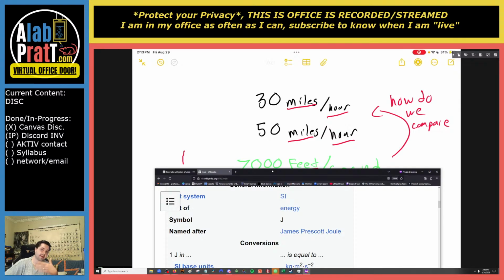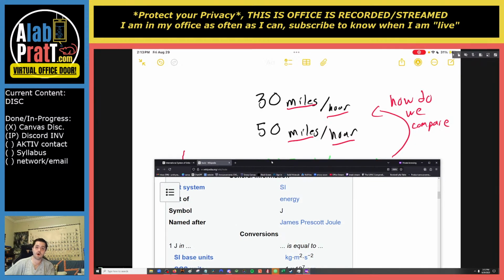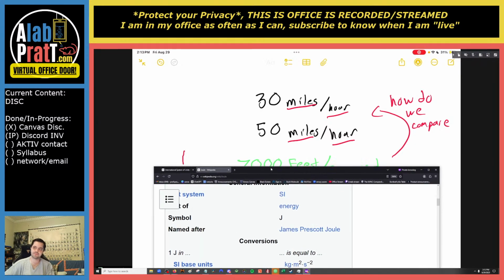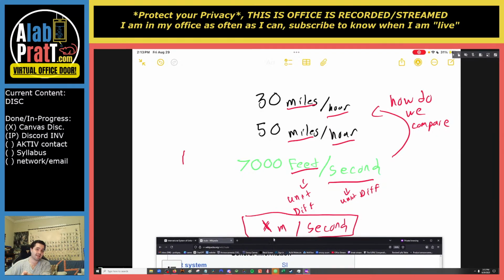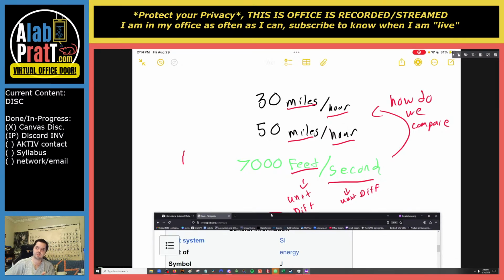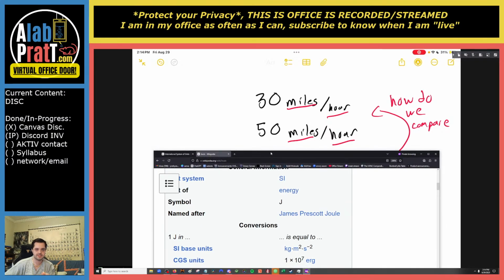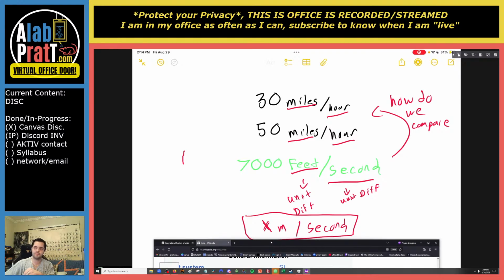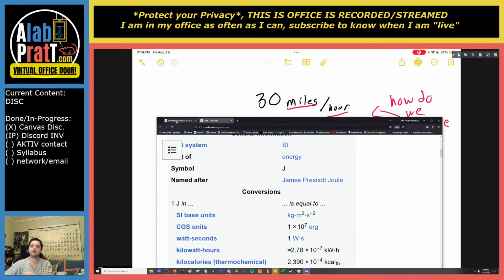When we compare speeds, we're able to say, oh, that's too fast, slow down, or, you could probably be going a little faster. If they're talking to you in feet per second or meters per second, it can be hard to decide if that's fast enough or slow enough. So in day-to-day talk, we use miles per hour. That's just what America has come to use for speed. But scientists would prefer to use some version of a meter per second, because those are the base units.